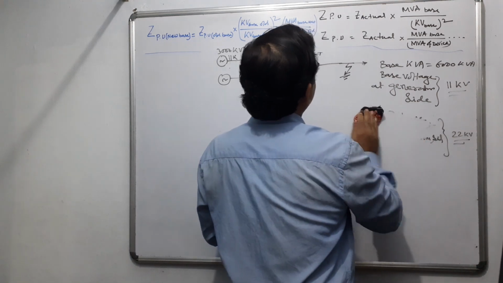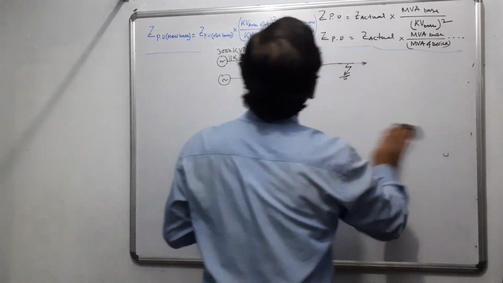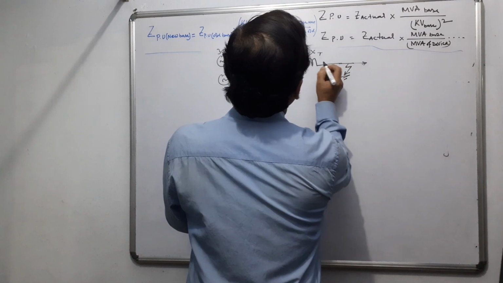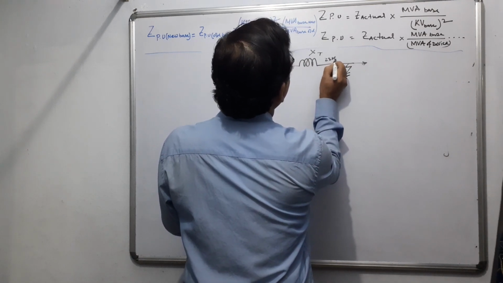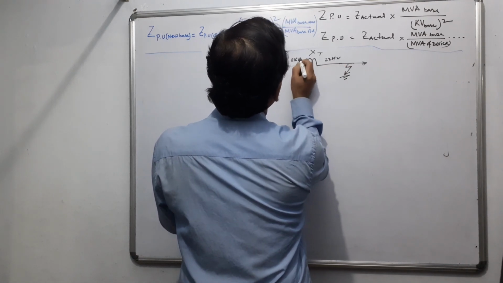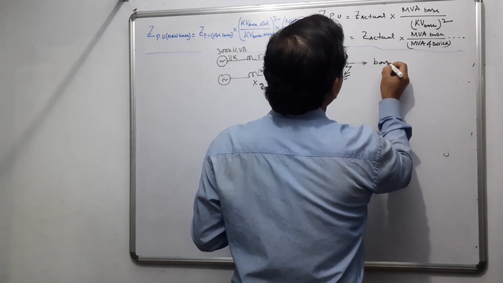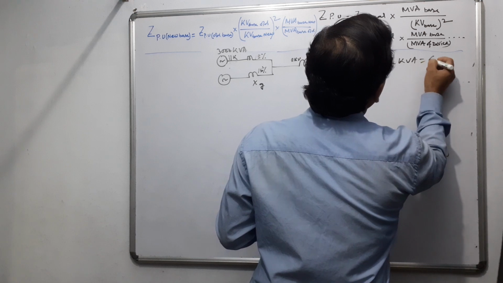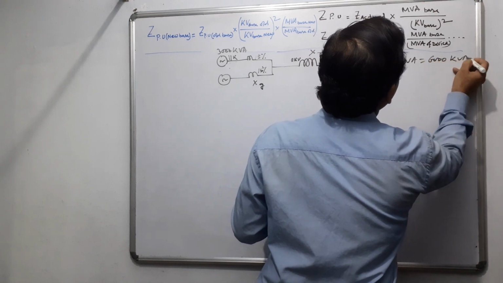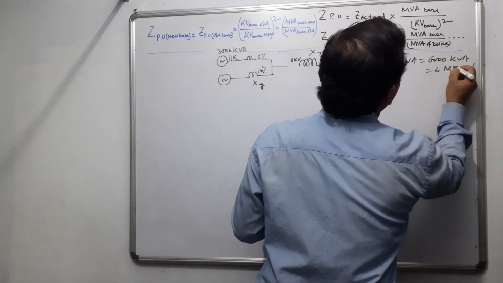So here, the base kV on this side is 22 kV, whereas on this side the base kV is 11 kV. And we assume our base kVA is 6000 kVA, that means 6 MVA.